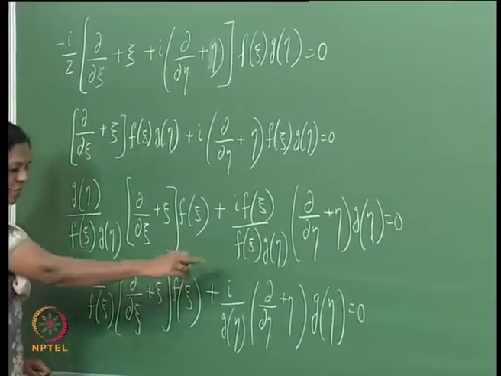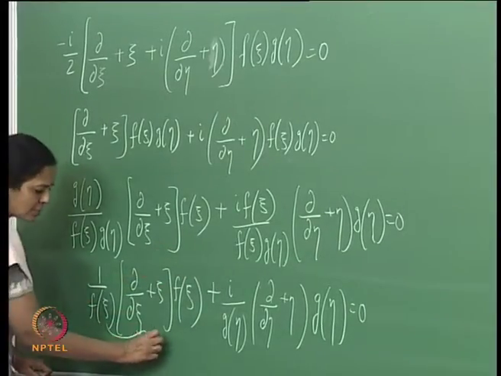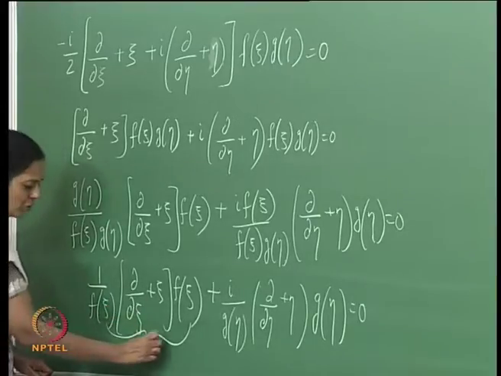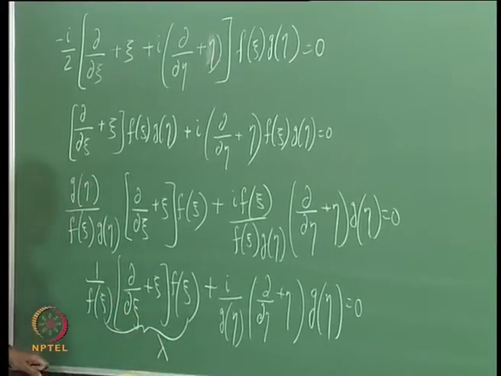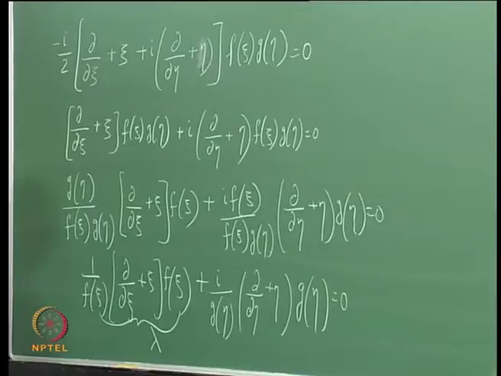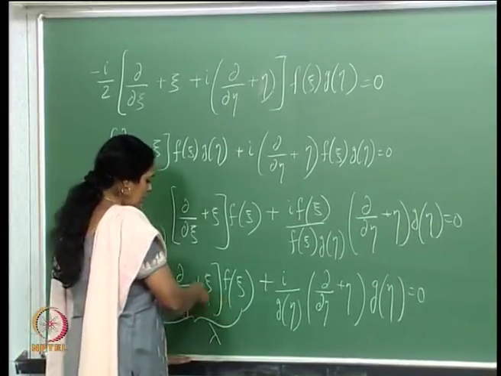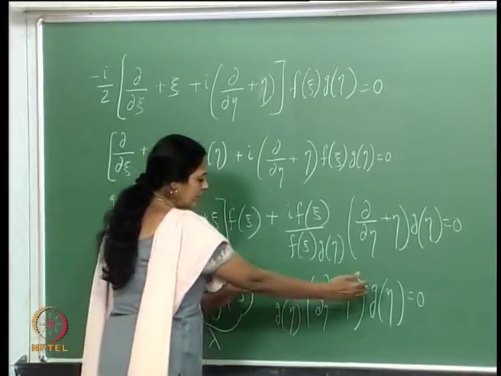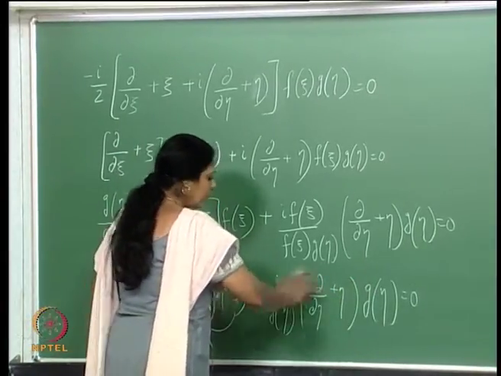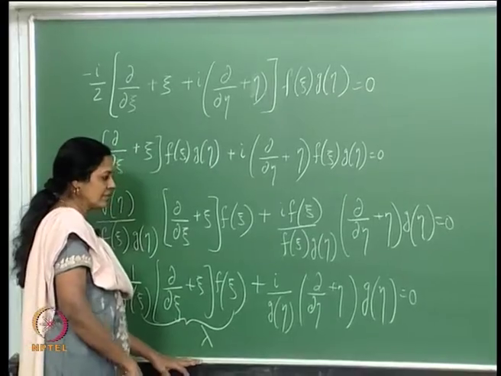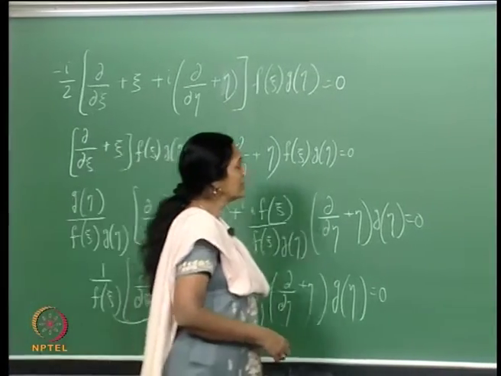And if this equation has to be true, this should be equal to some separation constant. I'll call that lambda. So this is lambda and this is minus lambda, and therefore they cancel out.